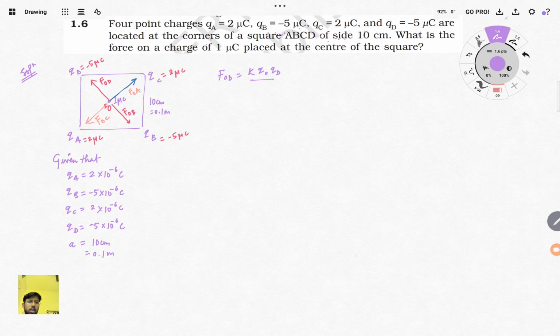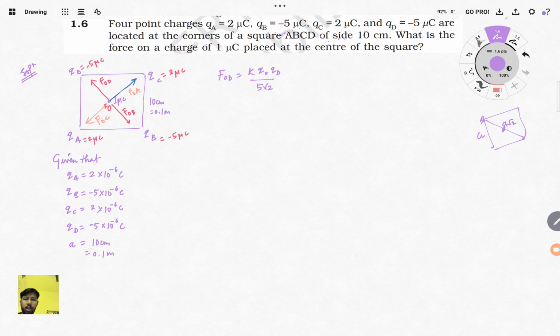It is divided by 2 because we only want this length. So 10 root 2 divided by 2 is 5 root 2. Got it?